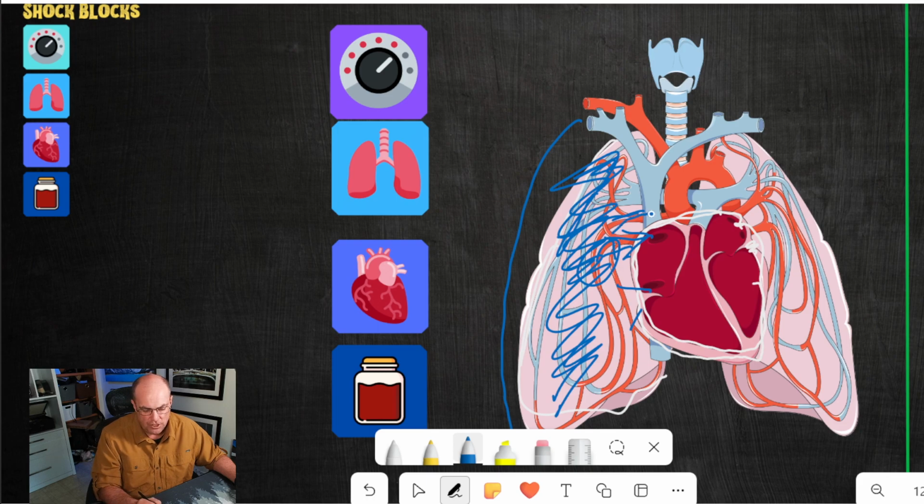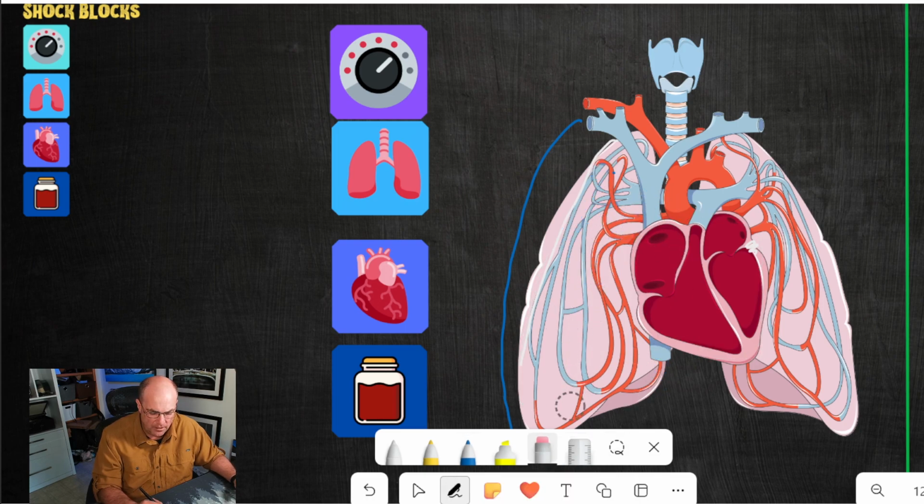It will also push against some of these vessels, like the inferior vena cava, which is down here, the superior vena cava, and the aorta. So you get this shift, and that pushes against those great vessels and collapses them. So it limits the amount of blood that can flow into the heart, if that makes sense for everybody.